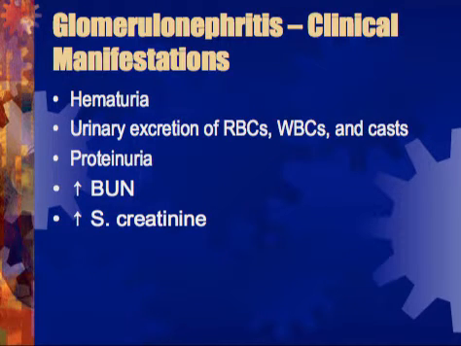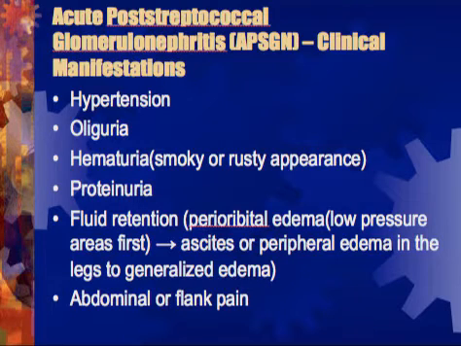Glomerulonephritis, the clinical manifestations: blood in the urine, excretion of RBCs, WBCs, protein, increased BUN, increased serum creatinine. The number 1 cause of glomerulonephritis is acute post-streptococcal glomerulonephritis, or APSGN.